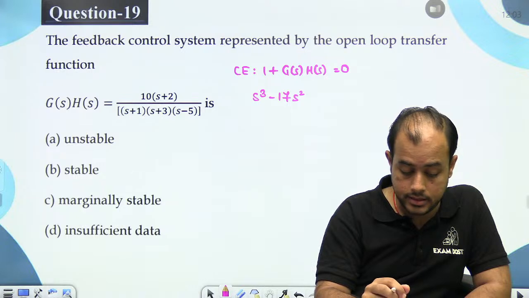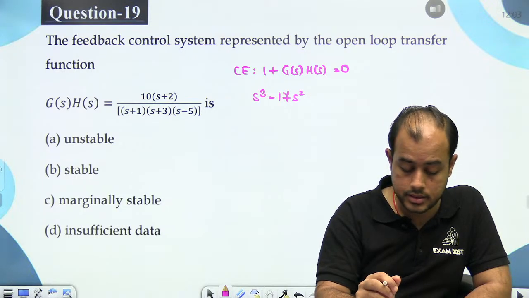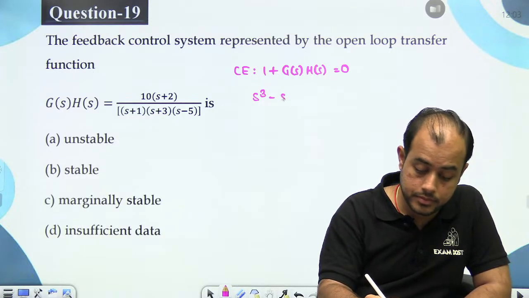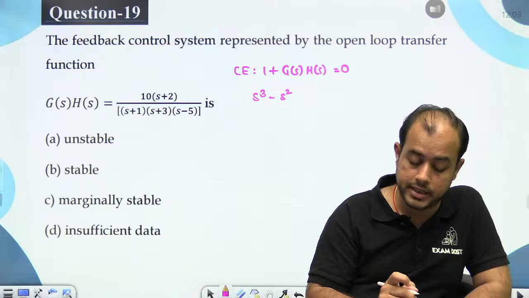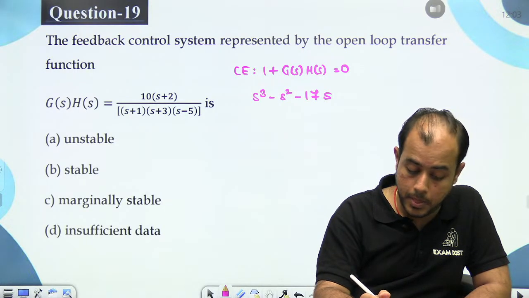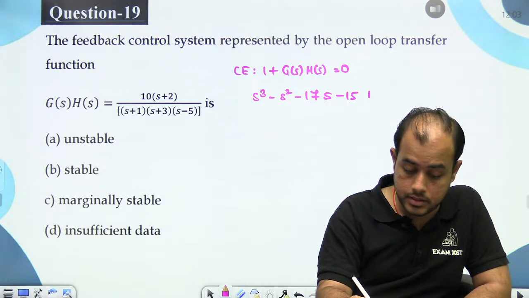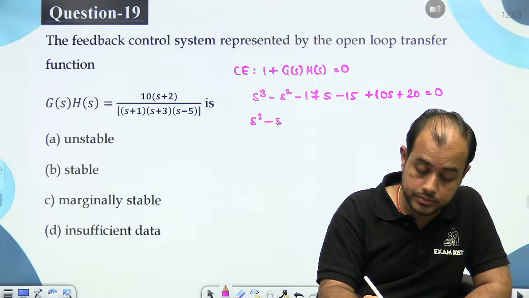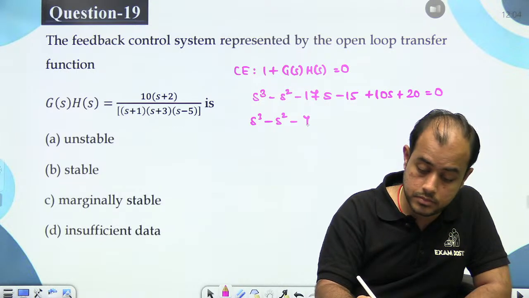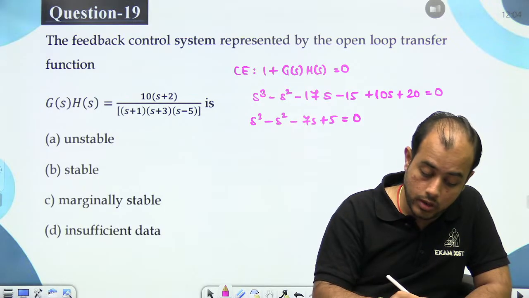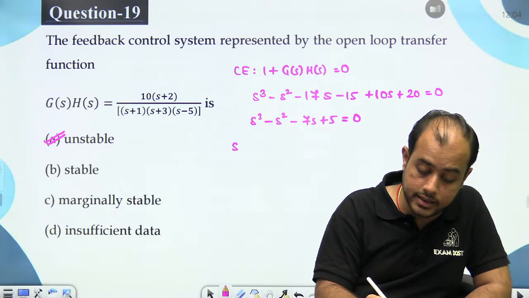Then 3 minus 15. मैंने क्या किया अभी? नहीं 4 minus 5. ठीक है, minus 15 minus 5 minus 20 plus 3, 17. 3 minus 15 plus 10s plus 20. Okay, so this will be always unstable because the sign is not the same.